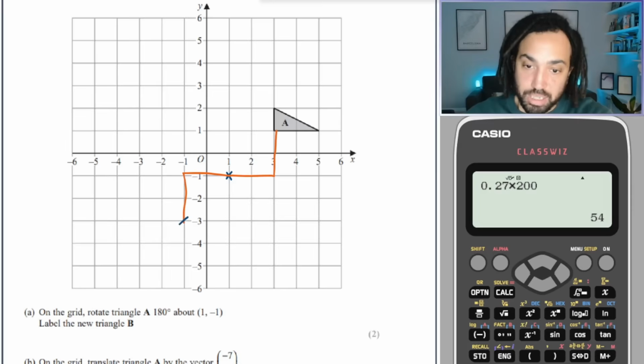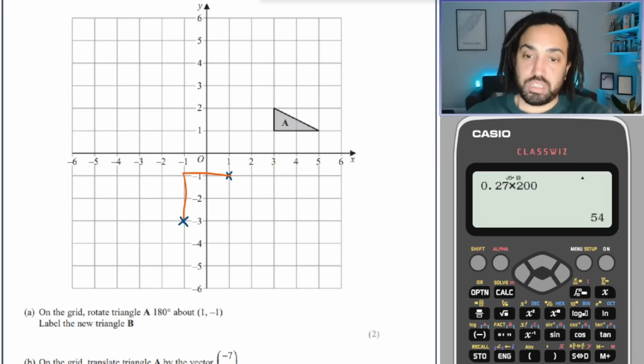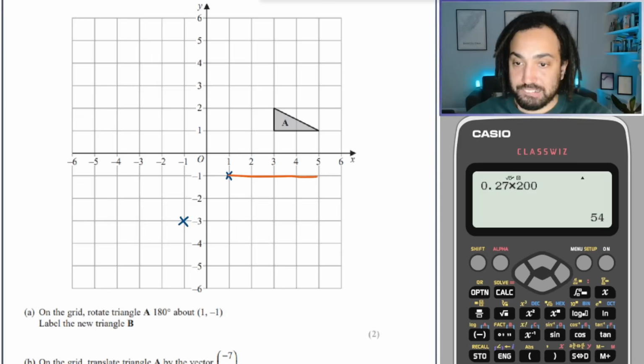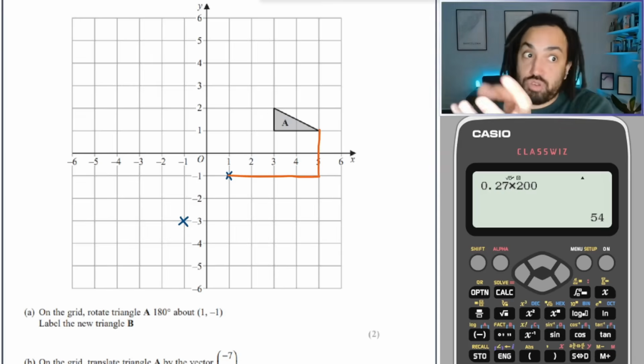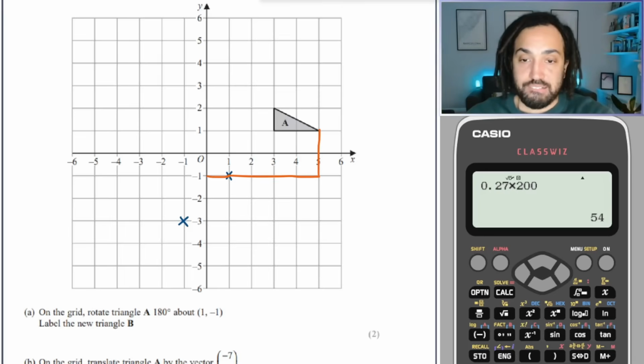So that means that point is now right here. I'll draw another L shape to the other point, and then rotate that. I'd imagine that L rotating around, and it would look something like this.